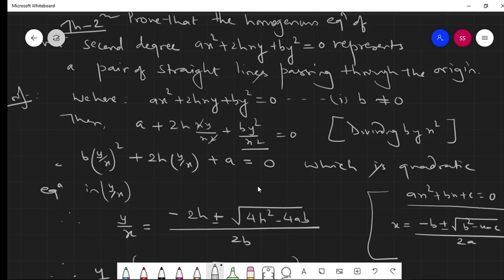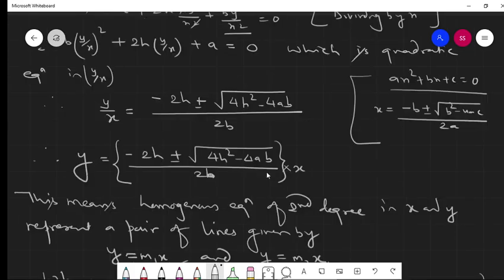So here the main point is, in the first condition, let me highlight once. We supposed b does not equal 0 and divided both sides by x square, and it goes into the quadratic form of y by x. Using the formula x equal minus b plus minus root under b square minus 4ac by 2a, we find y equal to this solution times x, while taking 2 common from the radical sign, and this 2 and the denominator cancel.